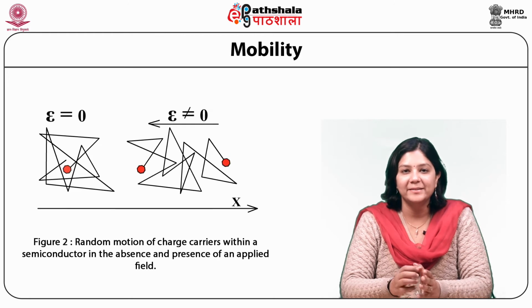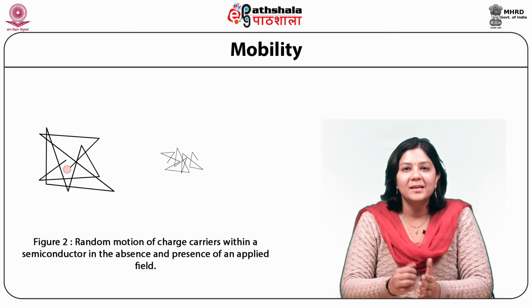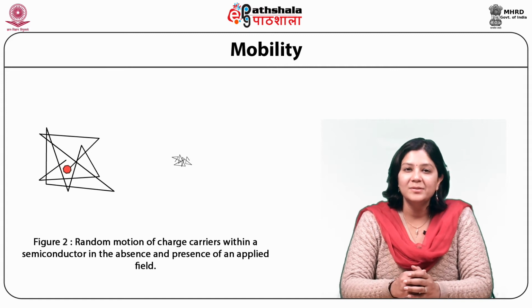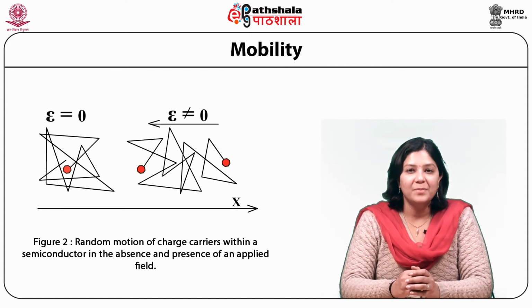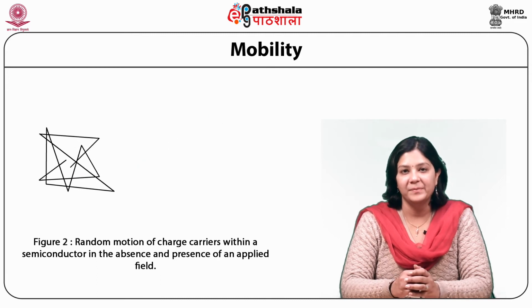In the case of a non-degenerate and non-relativistic electron gas, each electron has an associated kT/2 thermal energy for each degree of freedom.